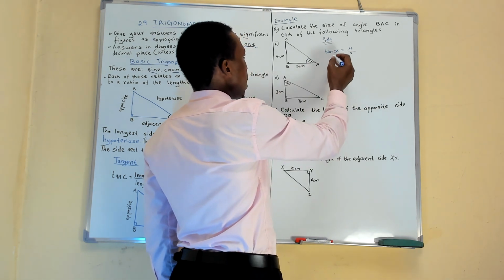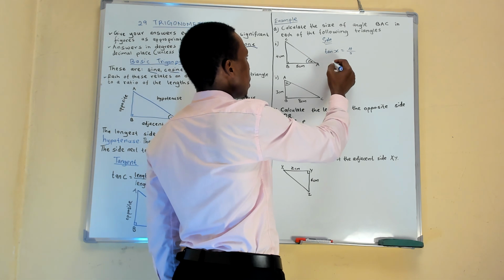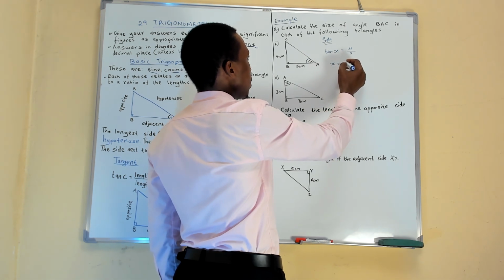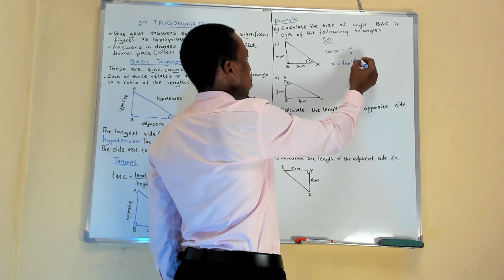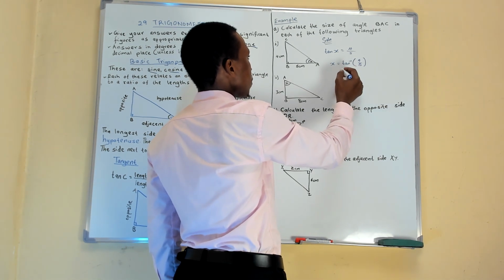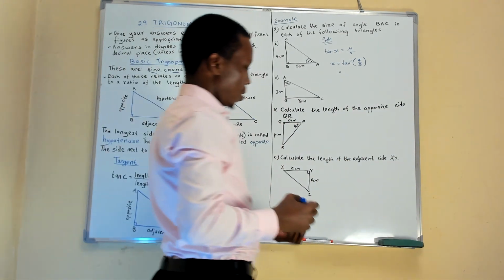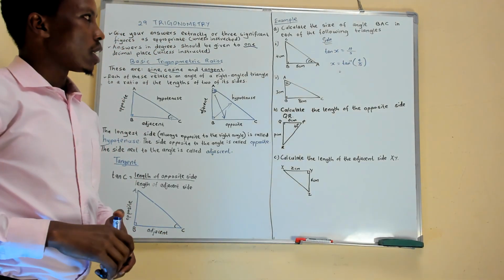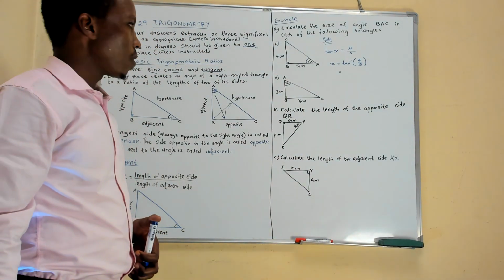So x is equal to the tan inverse of 4 over 5. Use your calculator to find the tan inverse of 4 over 5.